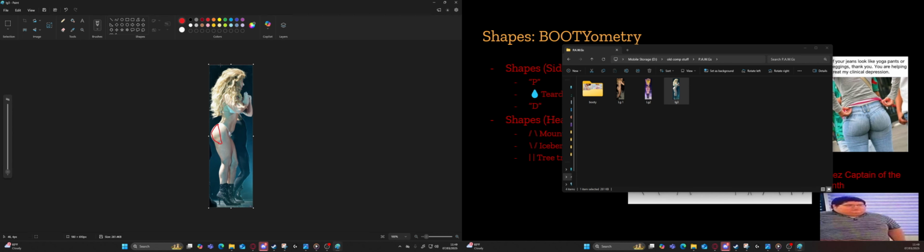Because if it was a P, even if her legs are like this, and her hip is here, and then the femur bone here, a P shape would still be more P'd, and it'd go down more. It'd be more of a definitive P shape than anything, whereas this is more soft and subtle, and it's more of a D shape.